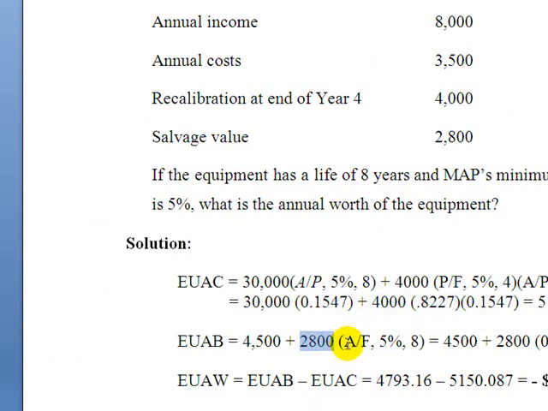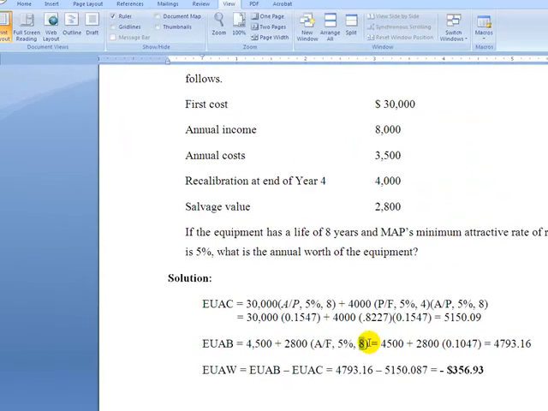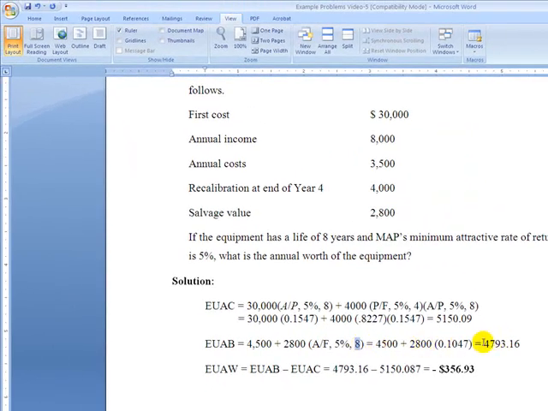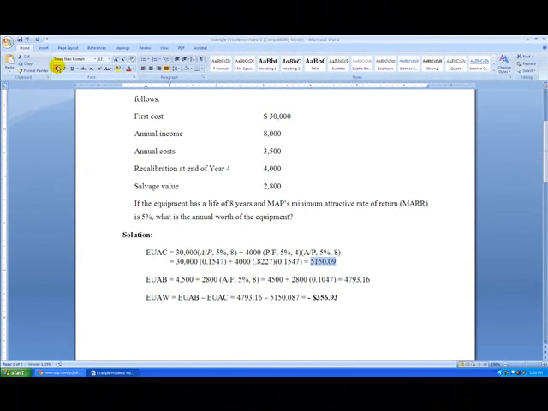We need to convert it to A. So A given F factor, 5% interest rate, number of years 8, that doesn't change. That gives us the EUAB value of 4,793.16. Okay, so we have costs, and we also have the benefits.